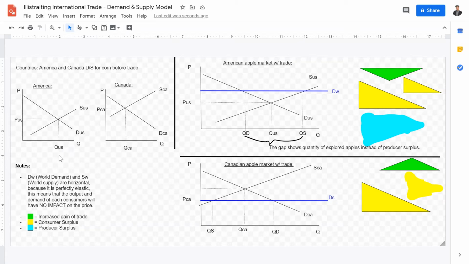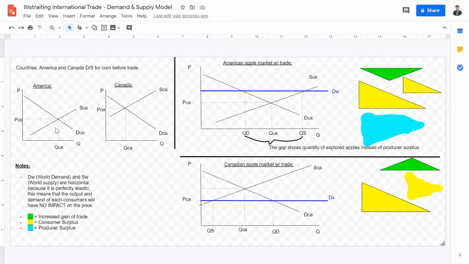Before the countries trade, we have the P_US, the price of the United States, and Q_US, and P_CA and Q_CA. Here we can see absolute and comparative advantages. I have made videos on absolute and comparative advantages. Seeing as the quantity supplied is greater at lower price levels than at the same price levels in Canada, America has an absolute and comparative advantage in the production of apples.